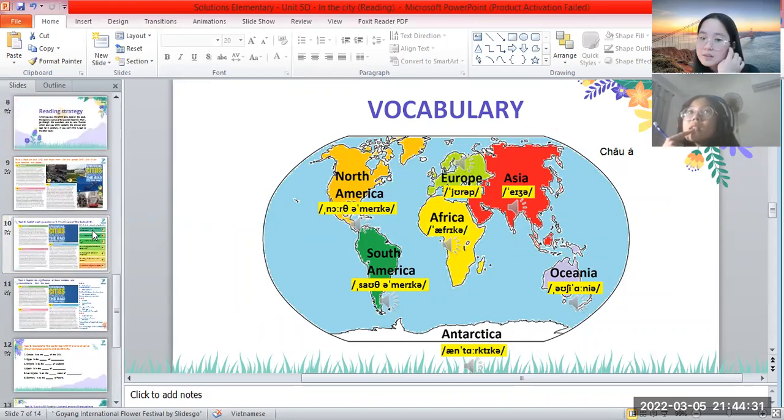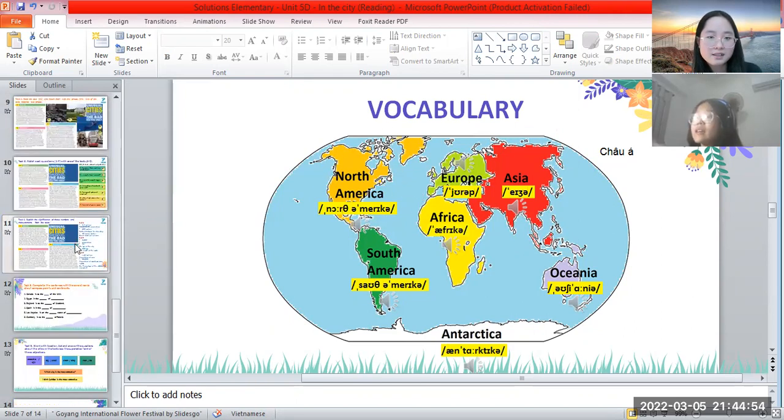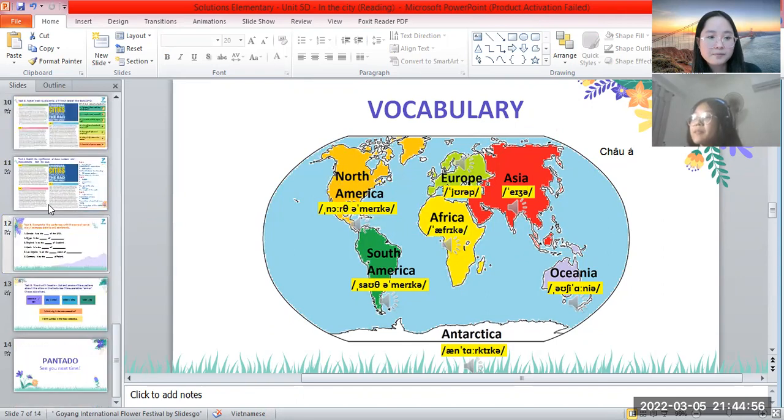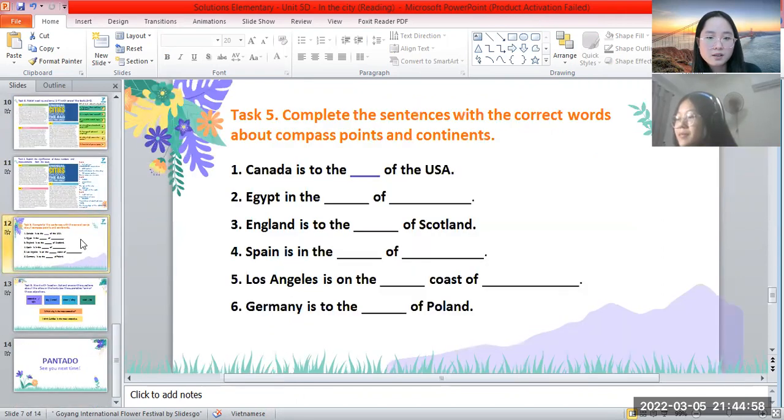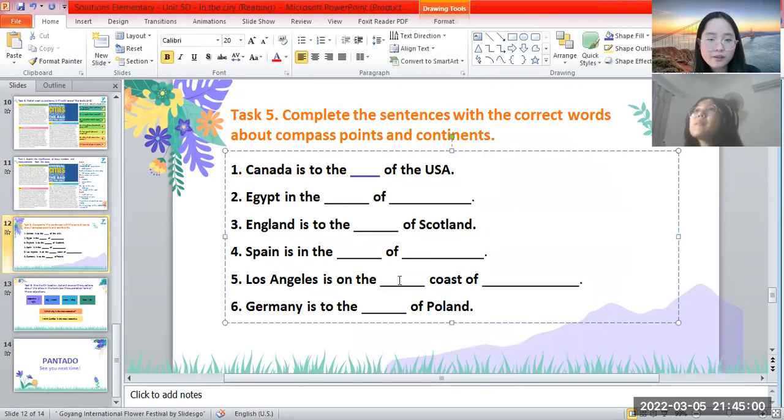What do you think? I think it's North America. We have 3 countries in North America. Yeah, we have Canada, Mexico, and America. Okay. So Canada is to the north of the USA.